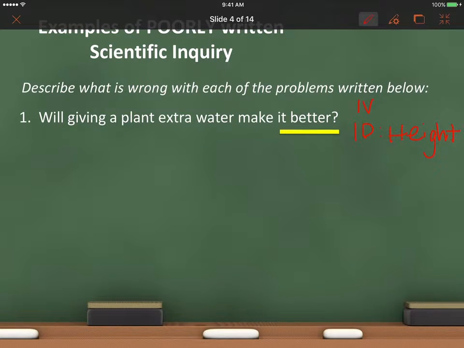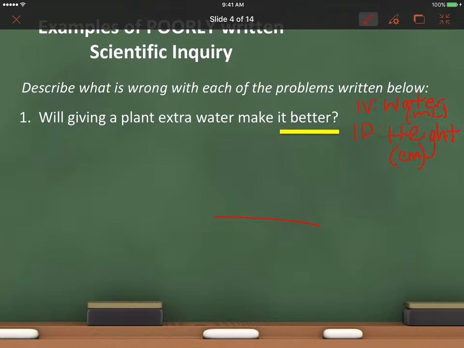Our dependent variable is going to be the height, and our independent variable is going to be the water. So how much water are we giving the plant to make it taller? And make sure that we have a unit too, so maybe height in centimeters, and the water we're going to measure in milliliters. Everything needs to be in the metric system.